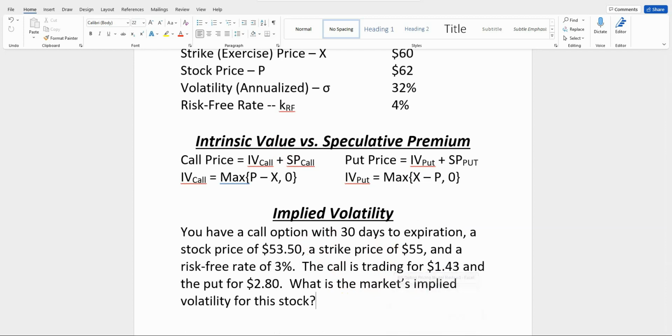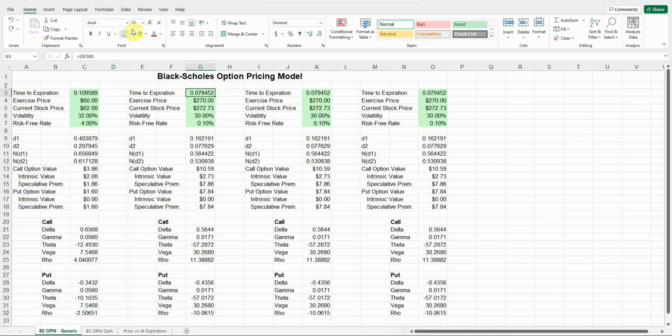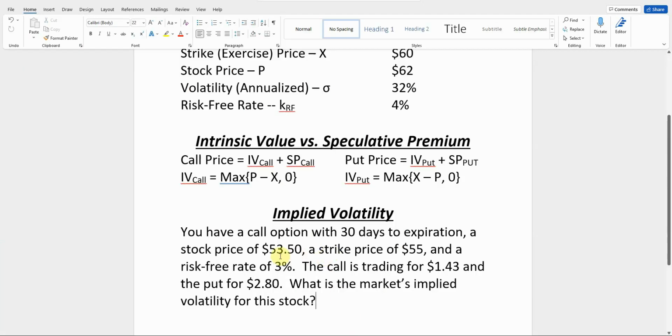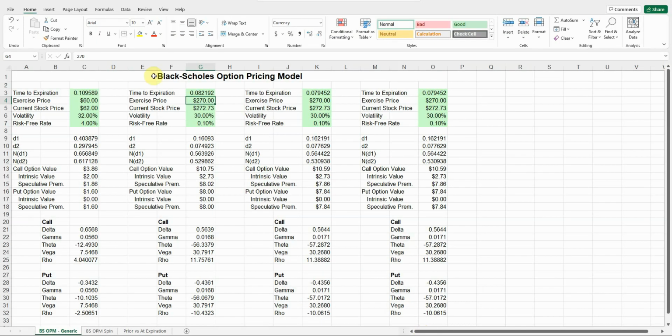So let's take a look at this. We have 30 days to expiration. So let me set that up. My stock price is $53.50 and strike price is $55. So I need my strike price first, $55.